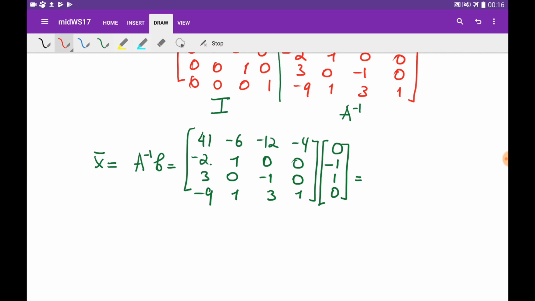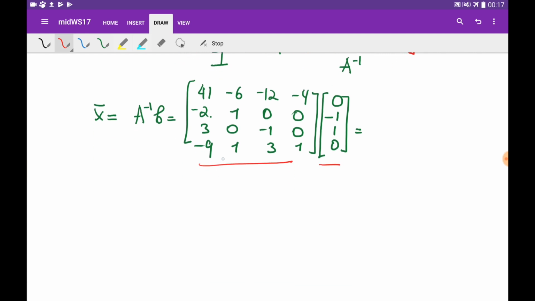If I multiply this matrix by this vector, I need to look at this as a linear combination of the columns of the first matrix, where I have to multiply the 4 columns of this first matrix by the following coefficients. So basically, I multiply the first column by 0, the second column by minus 1, the third column by 1, and the last column by 0. What I'm going to obtain is, let me multiply the second column by minus 1.